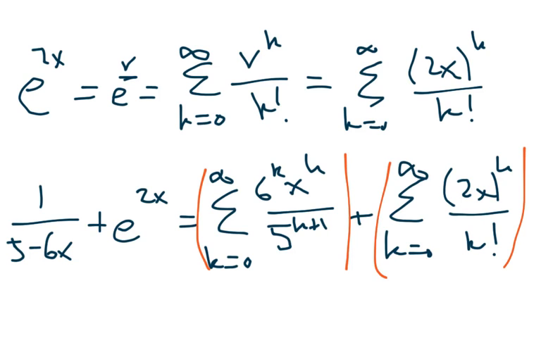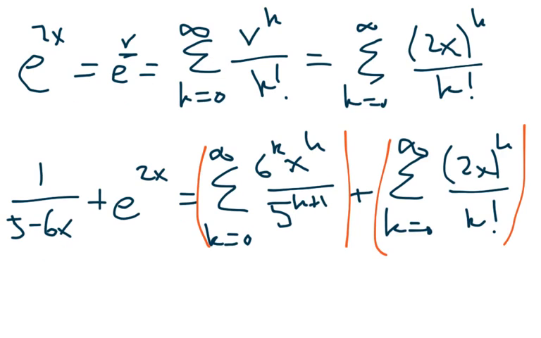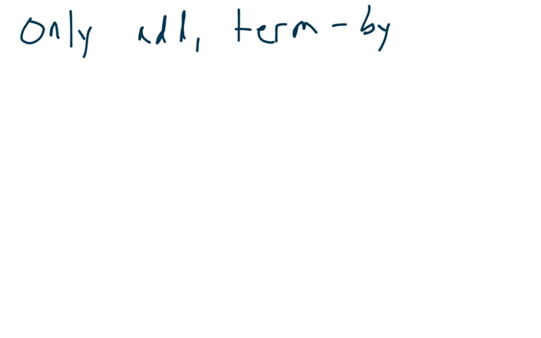So the only way we can add them together is if we're within the radius of convergence. So we can only add what we call term by term if we are within the radius of convergence.